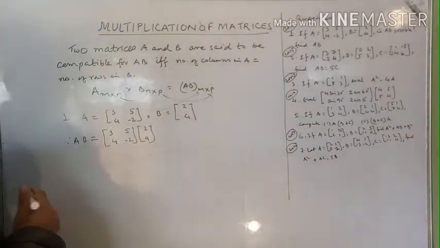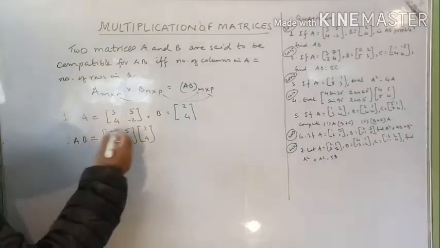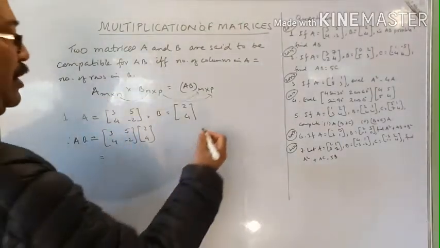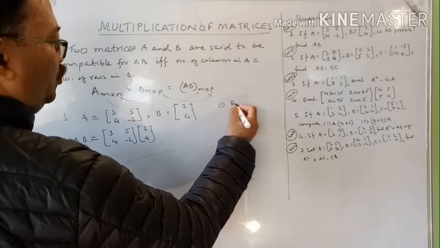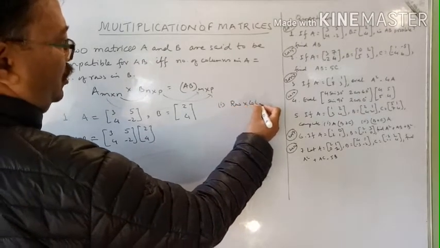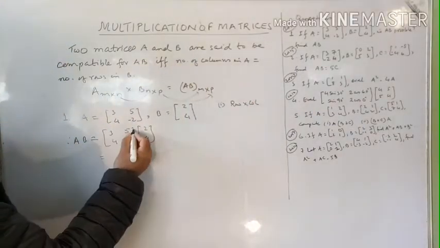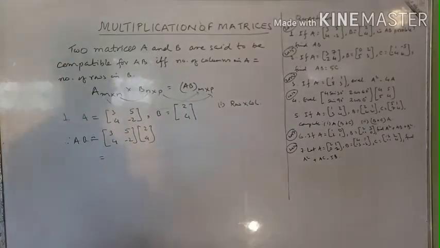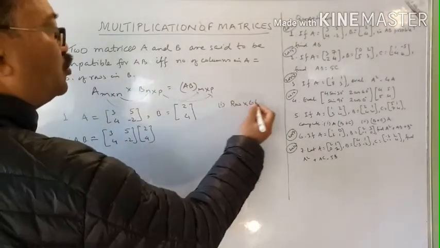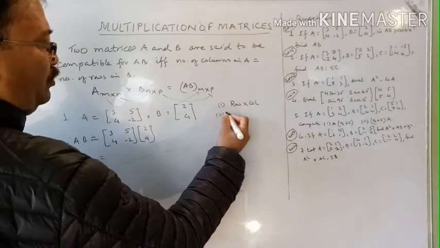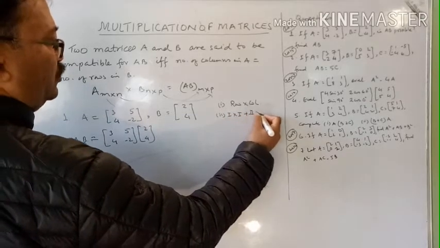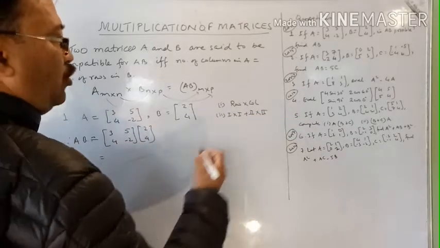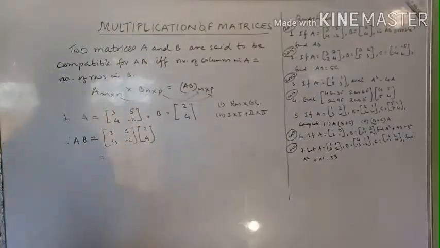So AB we find. Now, when you multiply two matrices, two things you have to remember. Number one, we always multiply row into column. We take a row from the first matrix and a column from the second matrix. After choosing the row and column, we multiply the first element into the first plus the second element into the second element. So this is how we multiply. Now see how we apply these two rules.